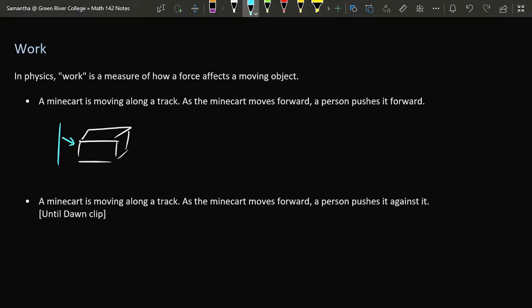Now, intuitively, we might expect that because the force from the person's hand is moving in the same direction as the minecart's movement, the minecart will probably speed up as a result of the extra push. Work is what tells you how much the minecart will speed up as a result of the push forward.